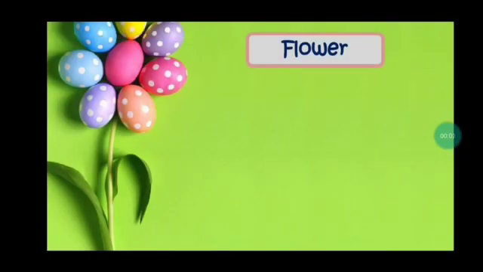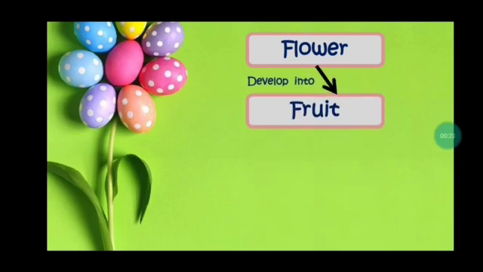Okay, next. After the insect comes to the flower, after the reproduction, the pollination happens, the flower will grow into fruit. So the flower will develop into fruit after the insect comes to the flower.